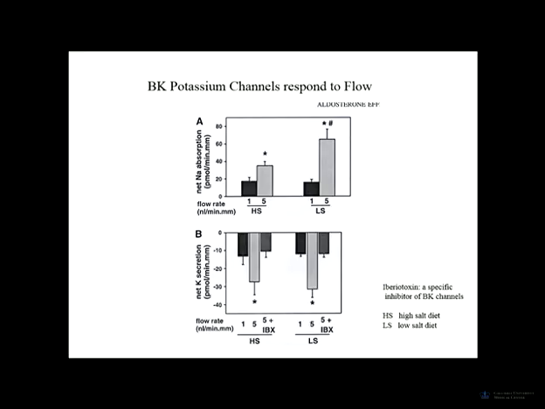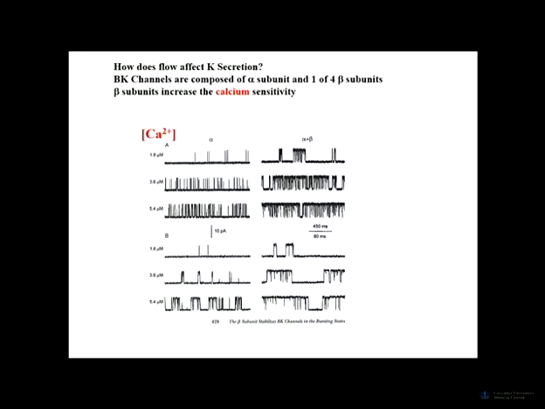In a low salt diet with a high aldosterone, you have much more sodium absorption as well as potassium secretion. And if you block the BK potassium channel by this toxin produced by a snail, iberotoxin, you can block the flow dependence, essentially. Okay.